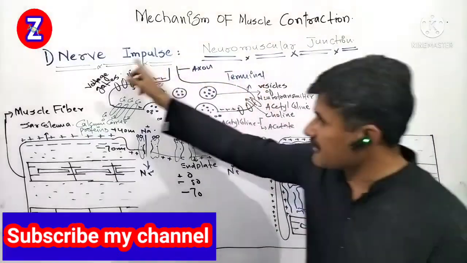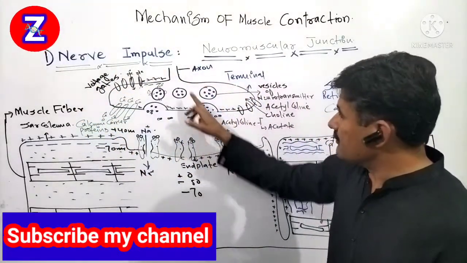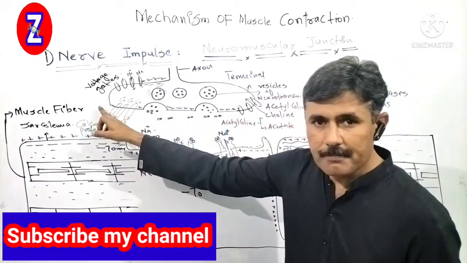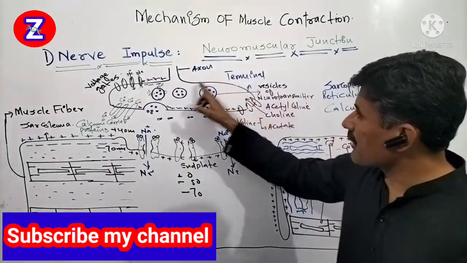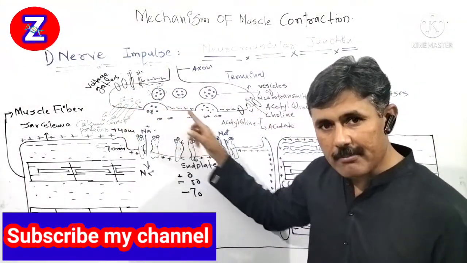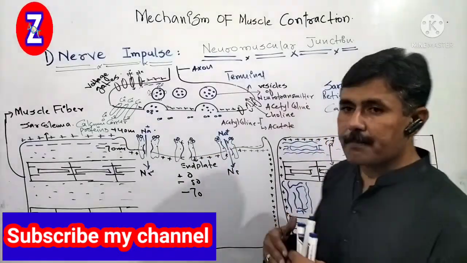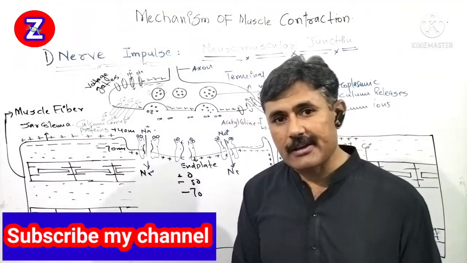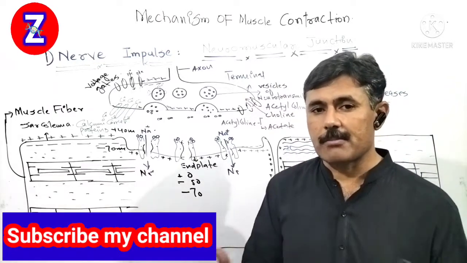The first part of this junction is the axon terminal. This is the axon and this is the axon terminal, and the axon terminal has a membrane called the neurolemma. The neurolemma is the membrane of the neuron, and it is polarized, as we know. It is positively charged externally and negatively charged internally; this is its resting membrane potential.